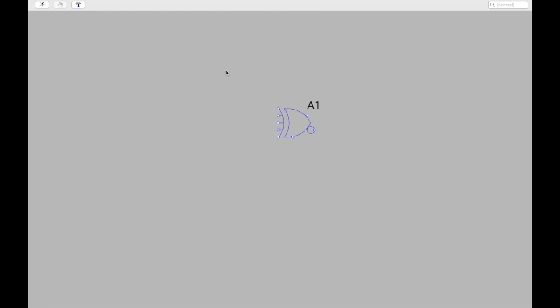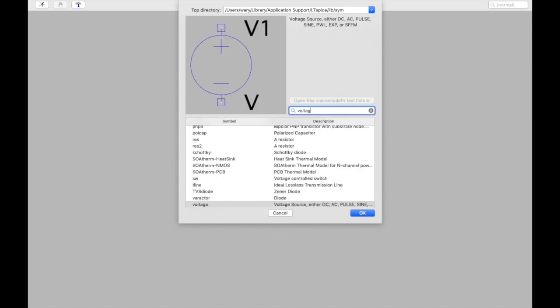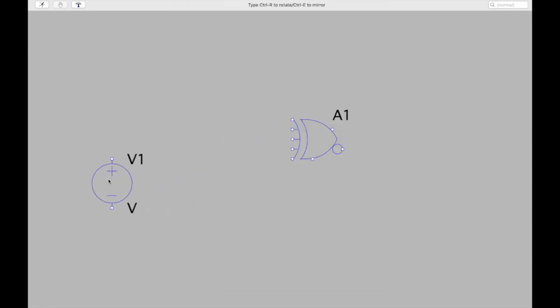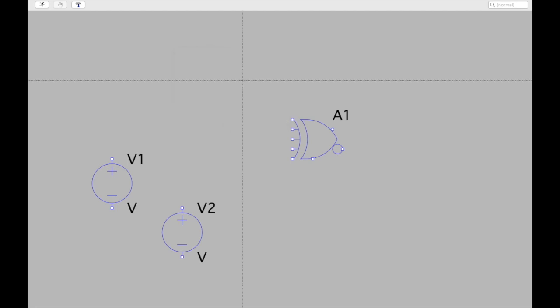Now let's get the input voltage sources. Again, right click, Draft, Component, and we'll use voltage sources, VOLTAGE, or you can just search here. Just put one here and one here. Now we need to make the connections. For that, you can again right click, Draft, Wire.